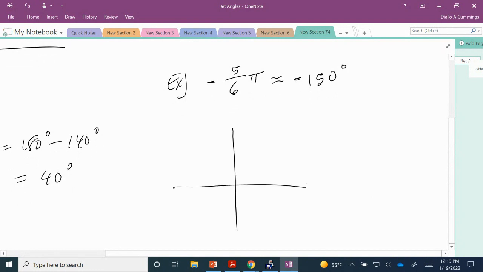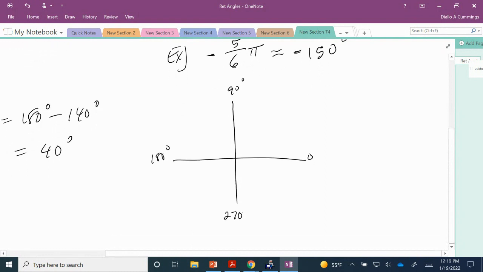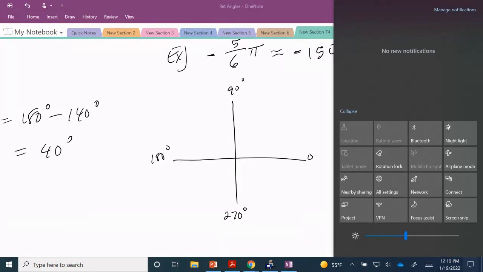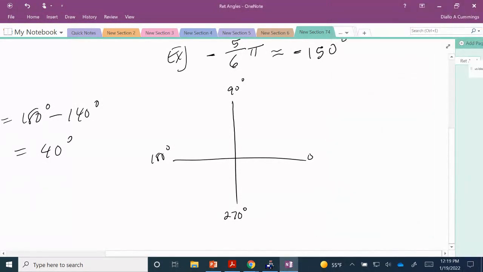So keep in mind that on our reference angle chart, we're given all positive angles. So since I'm given a negative angle, I'm going to resituate our axes. So I have 0, and then we have negative 90 degrees, negative 180, negative 270, and negative 360.